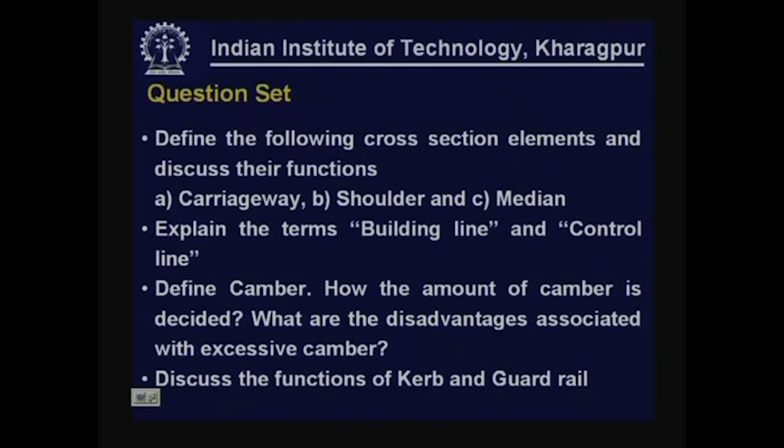Explain the terms building line and control line. Define camber, how the amount of camber is decided, and what are the disadvantages associated with excessive camber. Discuss the functions of curb and guardrails. The answers to these questions will be discussed during the next lesson.